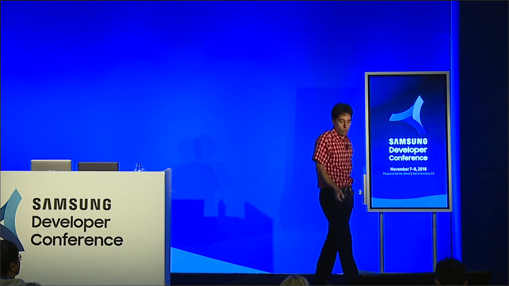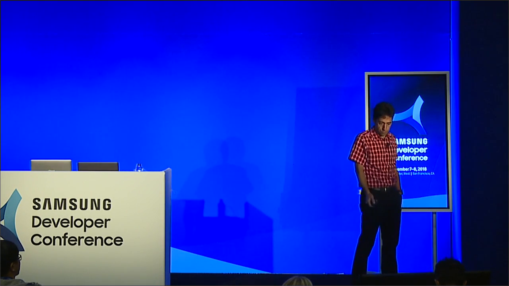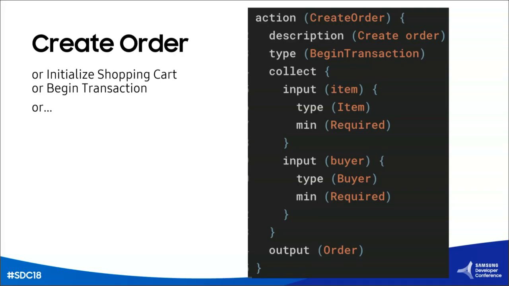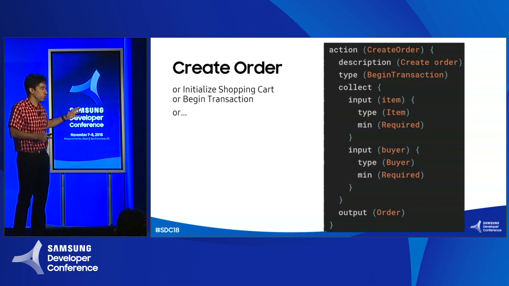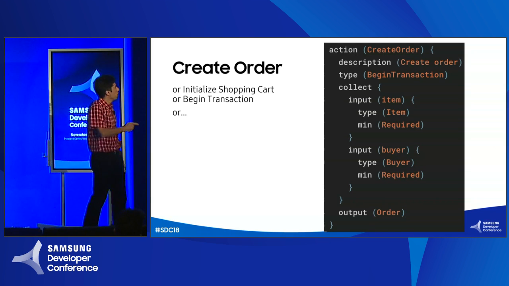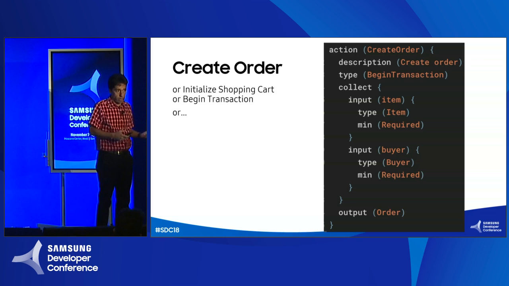All right, so that demonstrates how this would look. We can quickly look at the actions and how they are defined in Bixby language. These actions basically correspond to the shopping cart model diagram I showed, the same workflow. Create order is there for initializing the order. It's of type begin transaction, as we said.